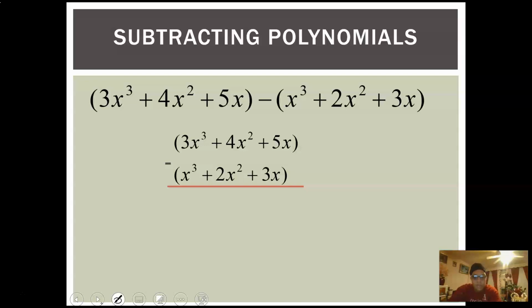Now, this minus sign literally tells us that everything in the second equation will have an opposite operation.